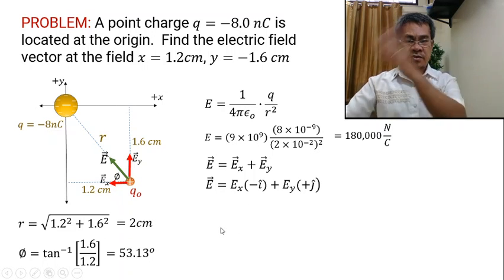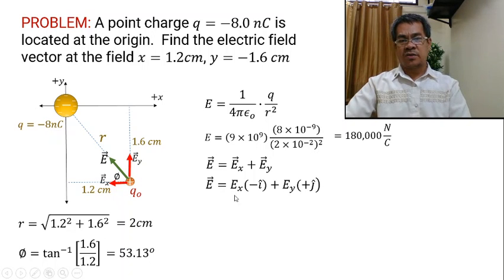Take note, in our previous videos, the X component uses the cosine and the Y component uses the sine, because this is the reference angle. So do it for E magnitude, positive because this is magnitude, so ignore the sign. We have E cosine theta, or by the way, change this to P because we use P. This is 53.13 degrees.